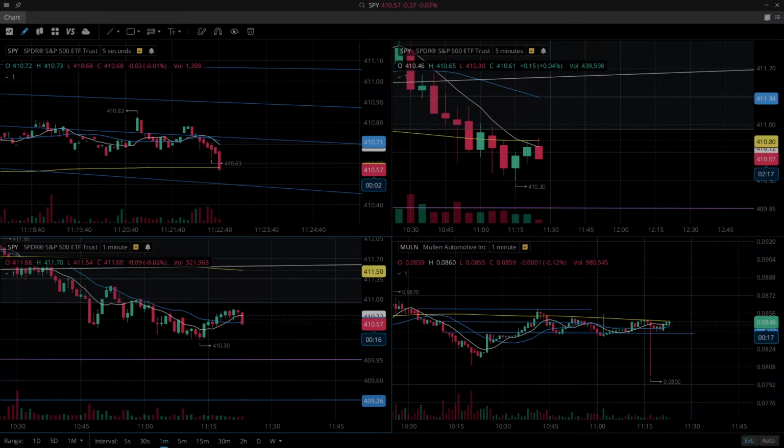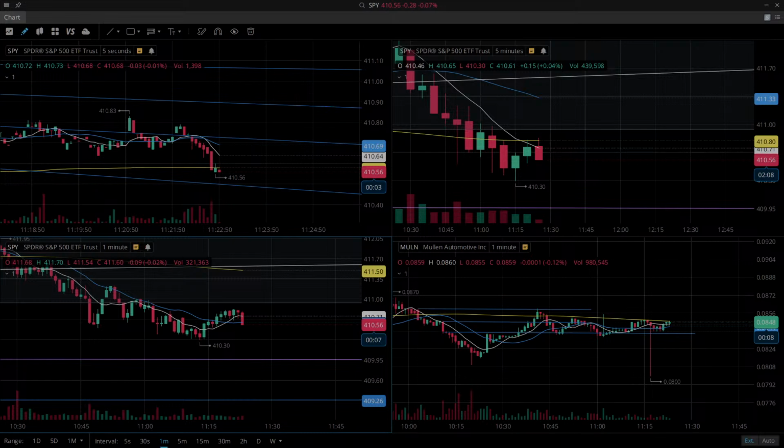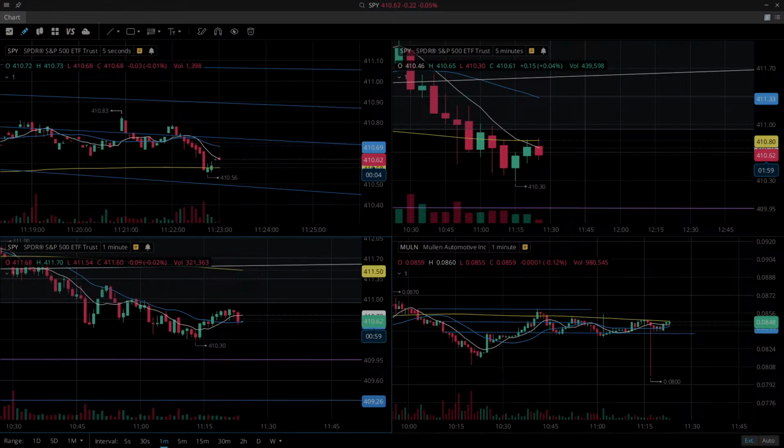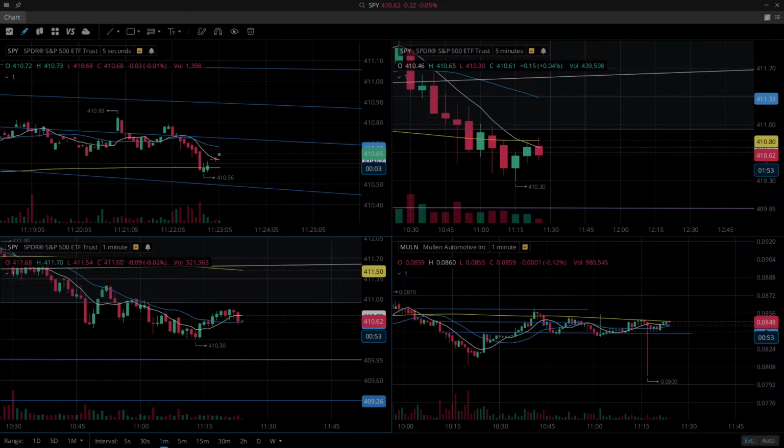Well, I'm still holding my 41.35 entry there. Short target, let's see, just about met. Yep. 41.33.50. Bingo. Finish it. Now they're gonna whack it.